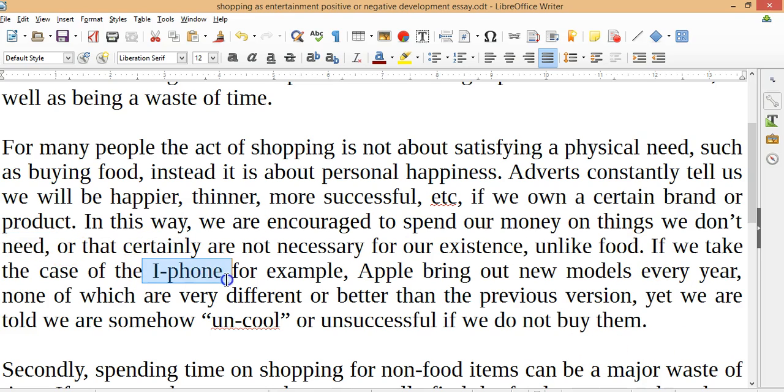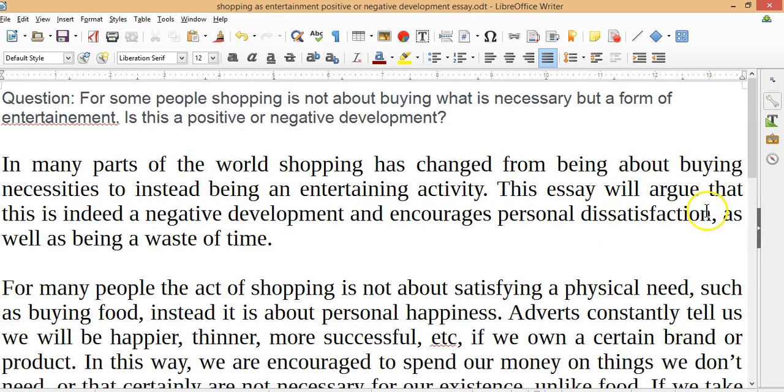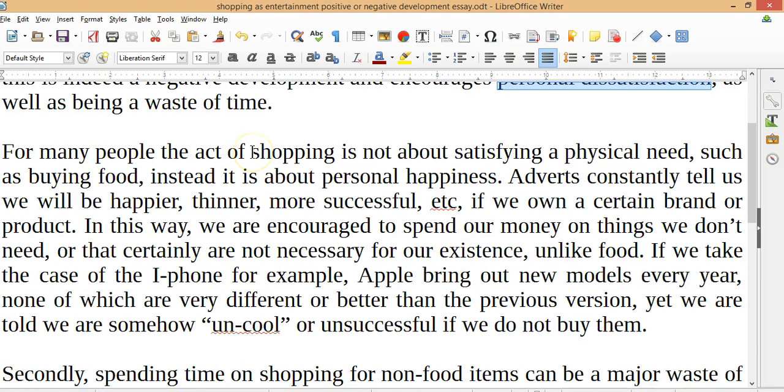If we take the case of the iPhone, Apple bring out new models every year, none of which are different or better, yet we are told we are somehow uncool or unsuccessful if we do not buy them. So, you see my main idea encourages personal dissatisfaction. So if we don't buy what we are told, we feel bad.